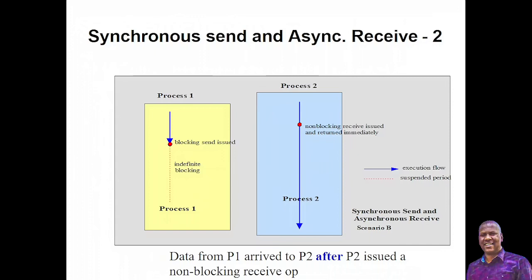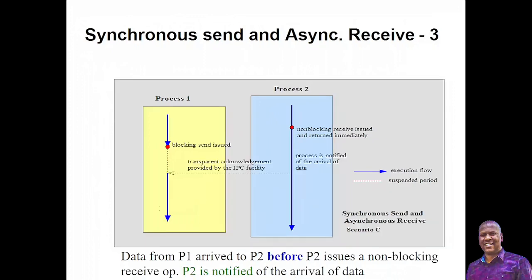I think it's also the latency that you're talking about, and maybe the communication aspect that the two processes engage in. In another scenario, the data from process 1 arrives at process 2 before process 2 issues a non-blocking receive operation. At this juncture, process 2 is notified of the arrival.